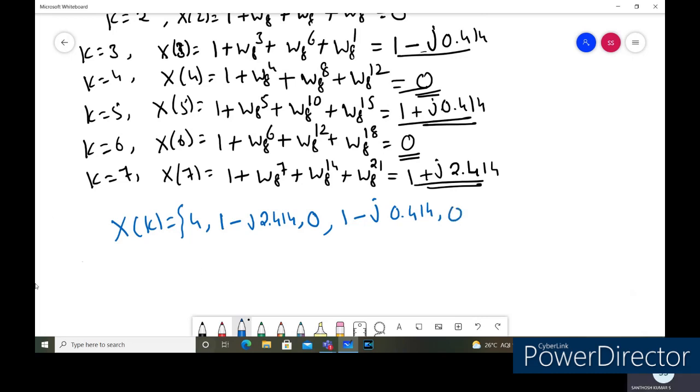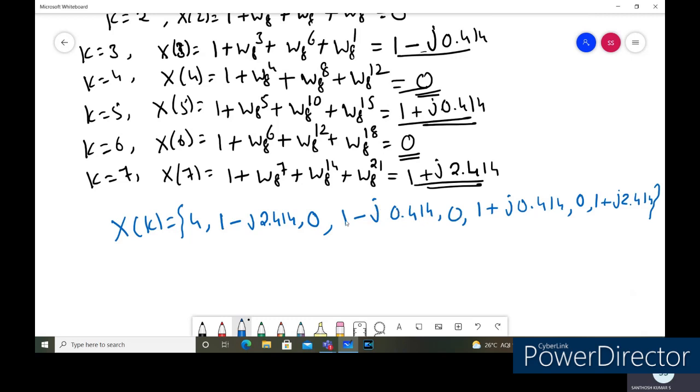Next, for k is equal to 5, we have 1 plus j 0.414. For k is equal to 6, it is 0. For k is equal to 7, it is 1 plus j 2.414. So these are the values for x of k we got here.